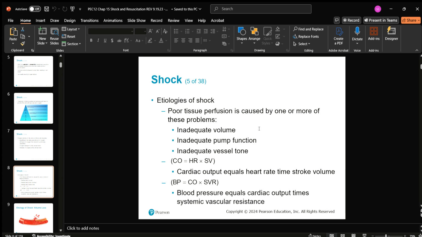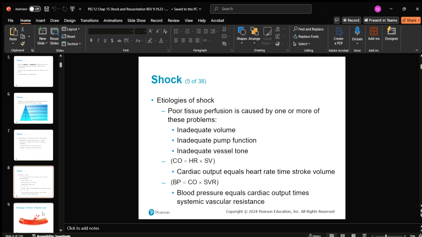Either inadequate volume, meaning the whole blood or plasma is inadequate, a problem with the pump, that pump being the heart, or a problem with the vessel tone, meaning our blood vessels. Those are the three main big-picture reasons why shock occurs. We're also going to talk about what cardiac output is, and exactly what our blood pressure is.